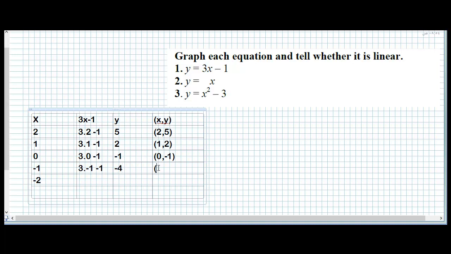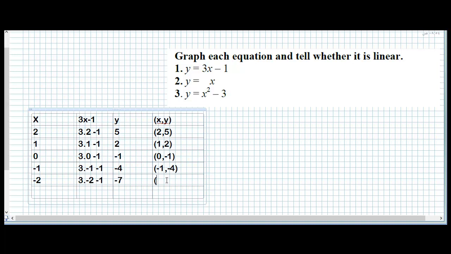Here we have (-1, -4). Then x equals negative 2: 3 multiplied by negative 2 is negative 6, and negative 6 minus 1 is negative 7.